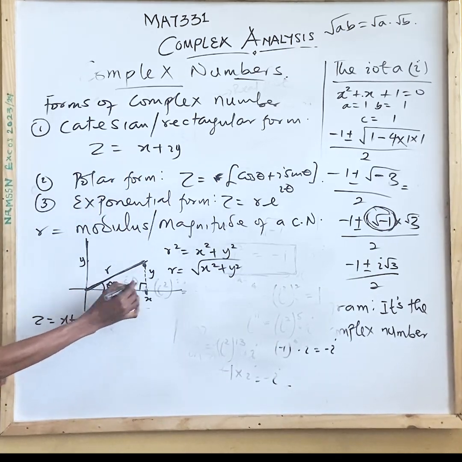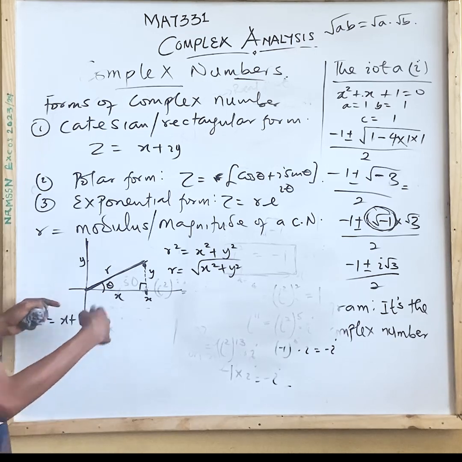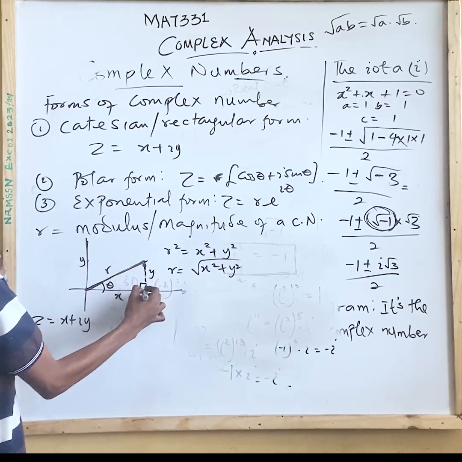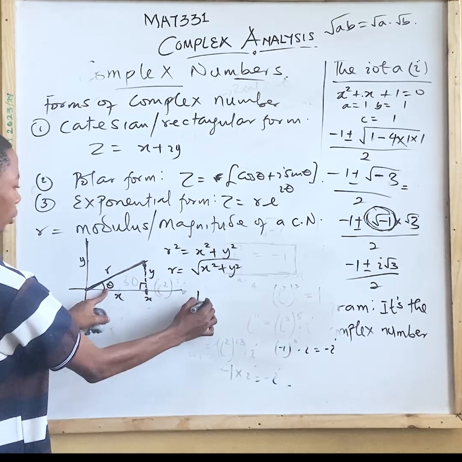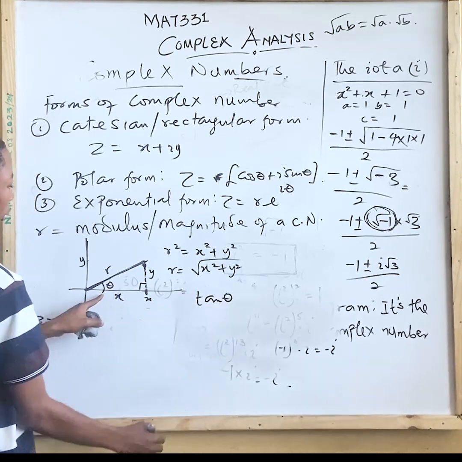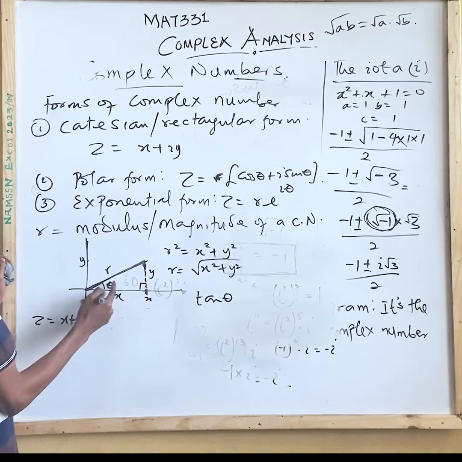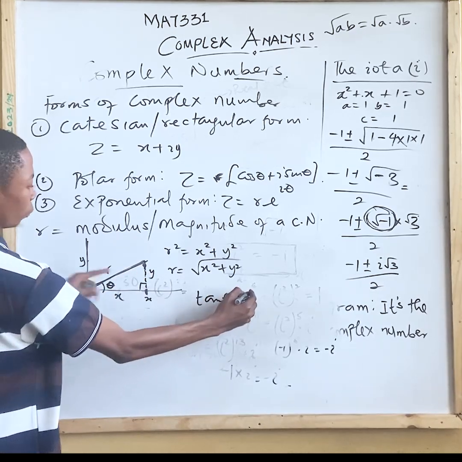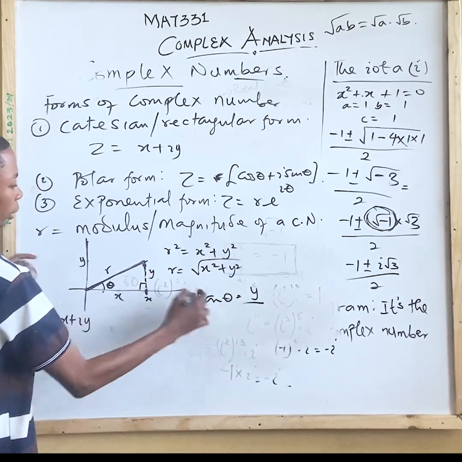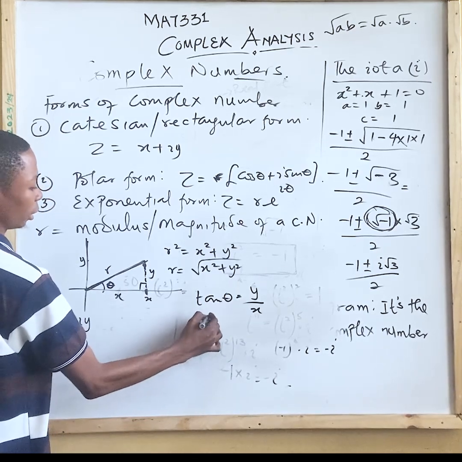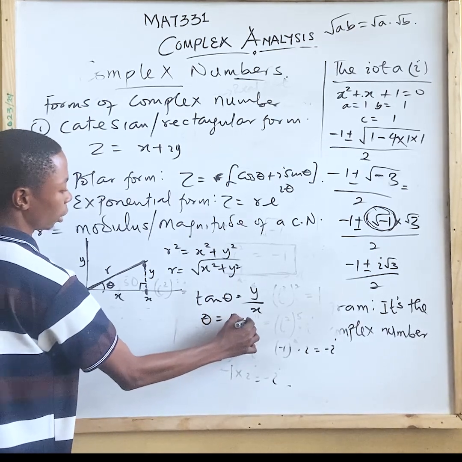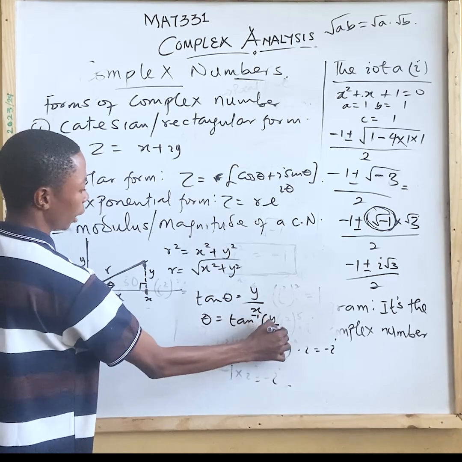Suppose I put an angle here, angle theta. With our knowledge of sine, cosine, and tangent, tan theta is opposite over adjacent. The angle theta is facing this side, so this side will be the opposite, and the one here will be the adjacent. If I take the tan inverse of both sides, theta is tan inverse of y over x.